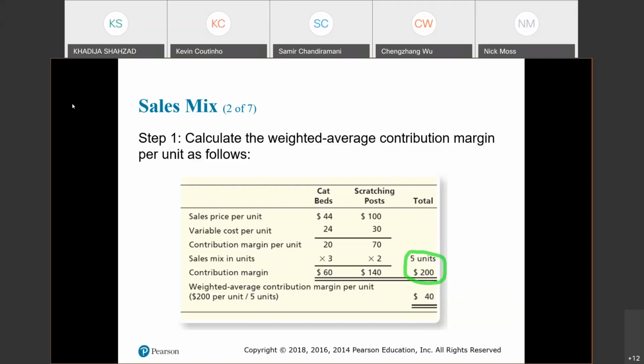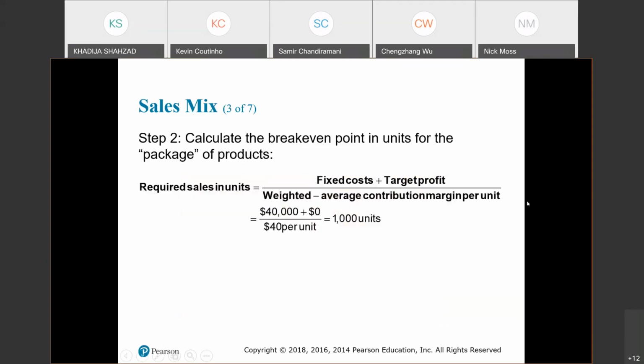Next, we can calculate the break-even point in terms of units for the package of product. We use the fixed cost divided by the weighted average contribution margin per unit, which is calculated in the previous step, equal to $40 per unit.